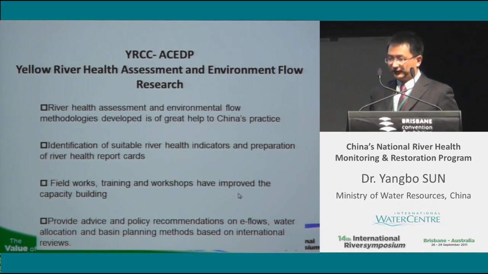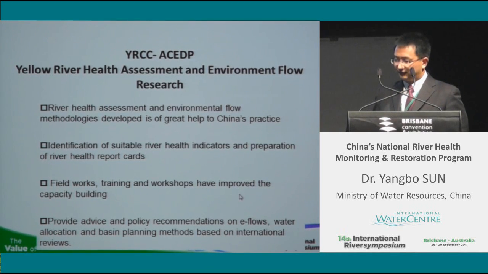So in order to deal with all these challenges and difficulties, we have carried out an international collaboration program, which was sponsored from outside. Our Australian partner is the International Water Centre. A group of Australian experts worked together with various staff to develop a program called the Yellow River Health Assessment and Environmental Flow Research Program.